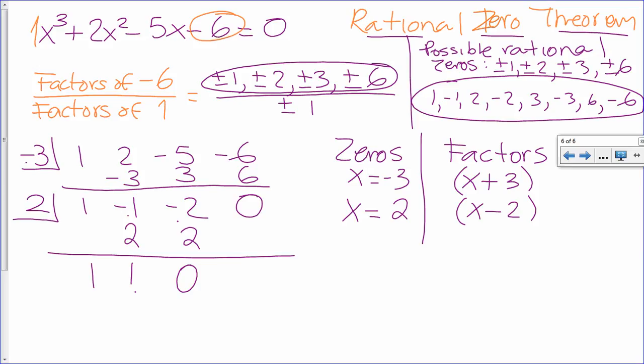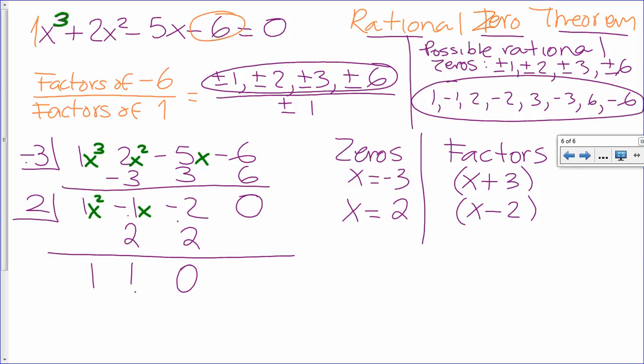And do you guys notice that we can actually get our last factor from here? So we started, what was the degree of our polynomial? 3. This was x cubed. This was x squared. X, and then the constant. After we performed synthetic division once, this turned into 1x squared, negative 1x, and the constant.